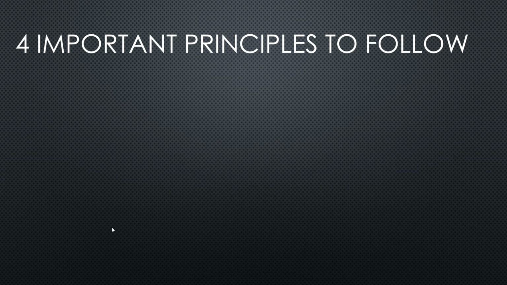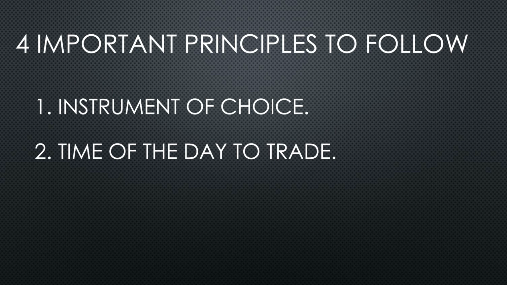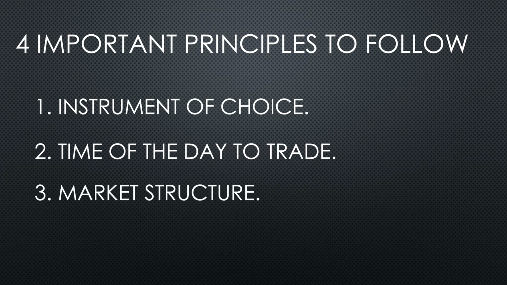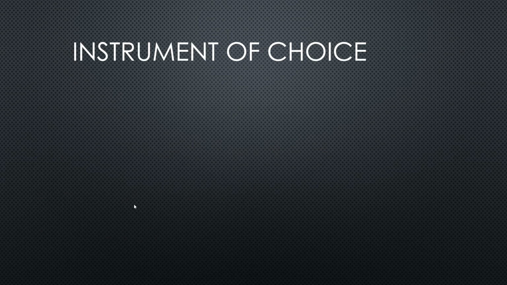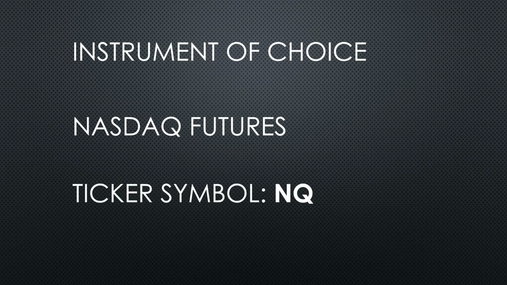So moving forward, the trading strategy has four important principles to follow. Number one, instrument of choice, time of the day to trade, market structure, and momentum. Instrument of choice, for me, is the NASDAQ futures, ticker symbol NQ.